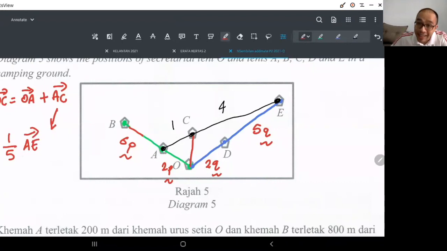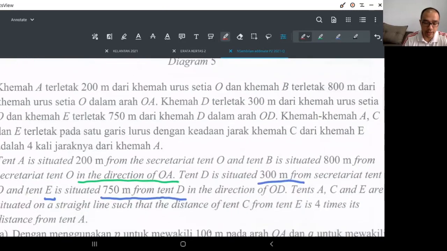So you have to find AE, which is AO plus OE. So 1 over 5 of AO plus OE. AO is negative 2P, and OE is 7Q. You can do that. So you work your way around that way, and you should be able to get this answer.